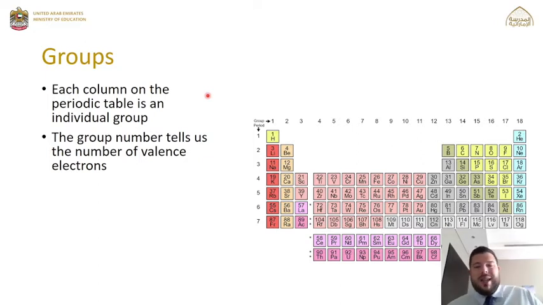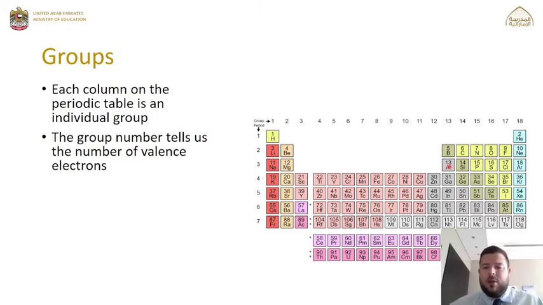Now the group number tells us the number of valence electrons. So everything in group 1 must have 1 valence electron. Everything in group 2 has 2 valence electrons. If we scoot over to group 13, it doesn't have 13 valence electrons, but it has 3 valence electrons.